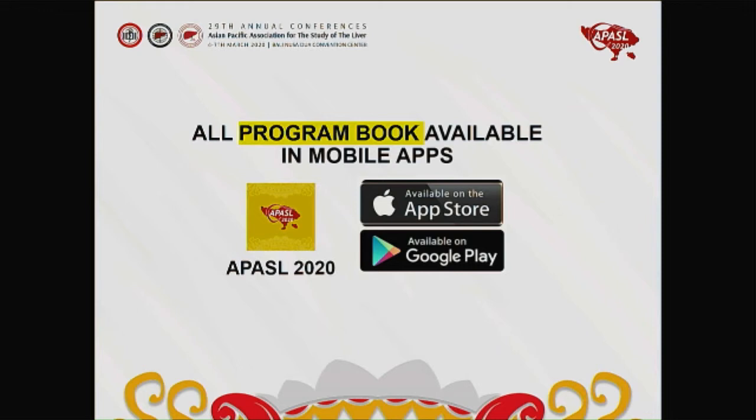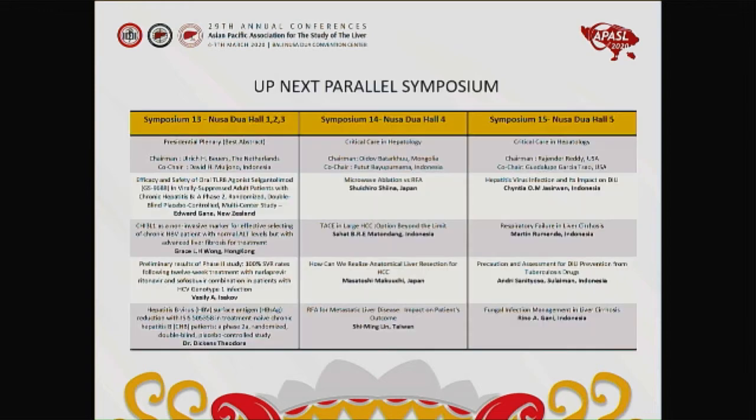Regarding the question of TB DILI, according to the algorithm that we have, it is mandatory to identify the high risk for TB DILI. For example, viral hepatitis, previous liver disease, alcohol consumption. If there is a risk of TB DILI, we have to check the liver function test.